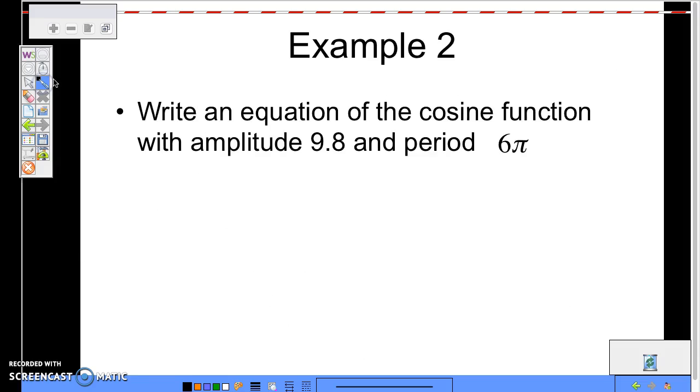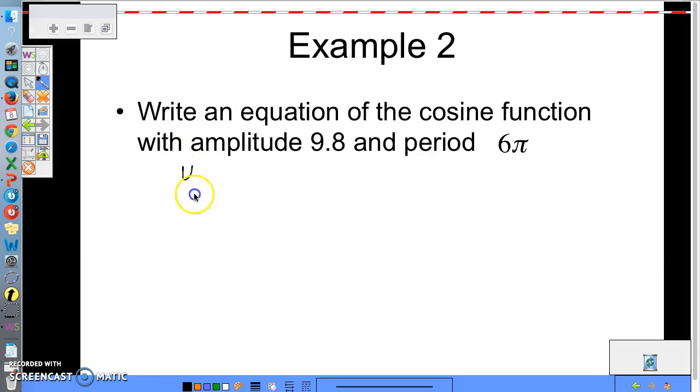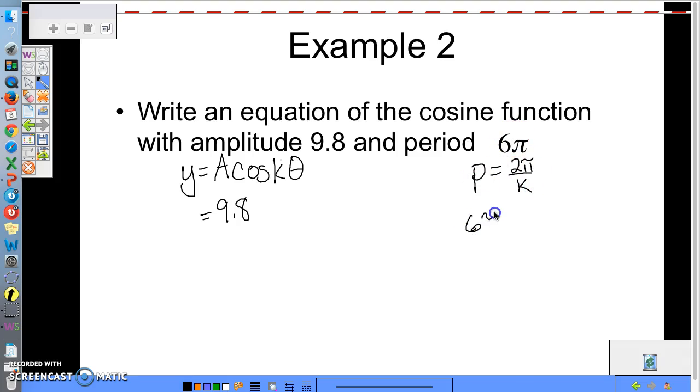So this next one here, write an equation for a cosine function, and we're given the amplitude and period. So y equals a times the cosine of k theta. Well, our amplitude is 9.8, but that k, well, we know our period is 2 pi over k, and we know our period is 6 pi.